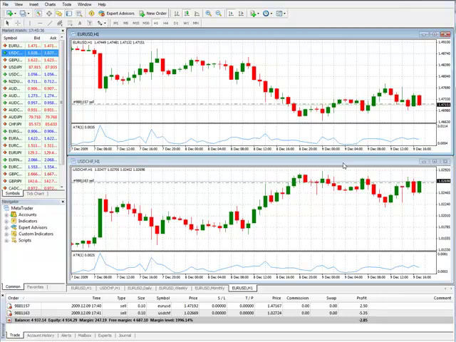Then if you're risking, say, 3% per trade, you end up effectively risking 6% because you're effectively using two trades which are the same. So as the market moves, as the euro dollar, US dollar goes in one direction, the US dollar, Swiss franc goes in the other direction. I know that may be confusing.